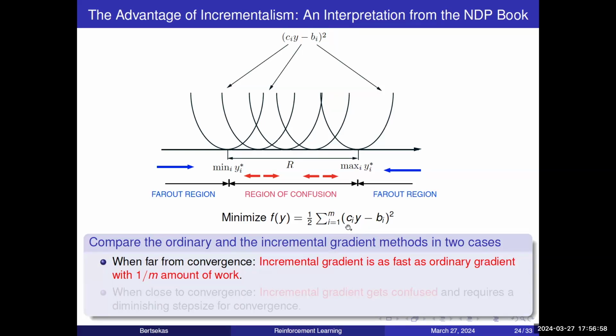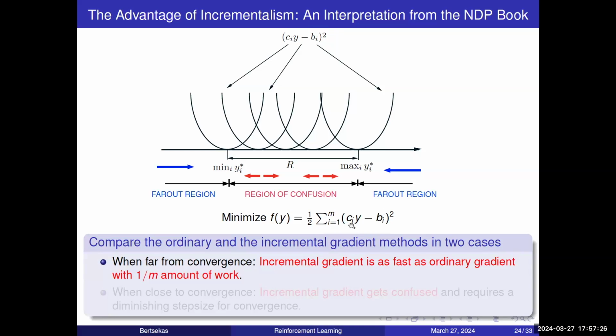And again, if we go back to the training cost function type of context, we may consider this function as a linear function, cy, and we would like to compute y, where y is actually the parameter. We would like to compute y such that y times c approximates some function b well.